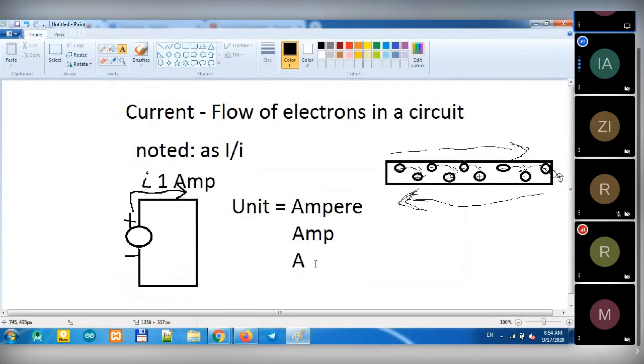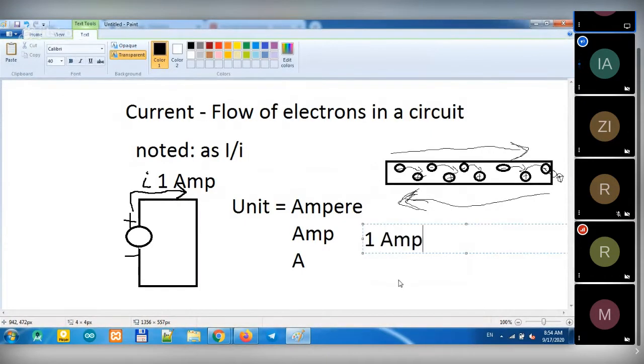And one important thing is how you calculate this current. For example, 1 amp, right? It means how many electrons are moving per second. For example, let's say in 1 amp, I'm just saying this as an example, 10 electrons moving per second, we're talking about seconds.